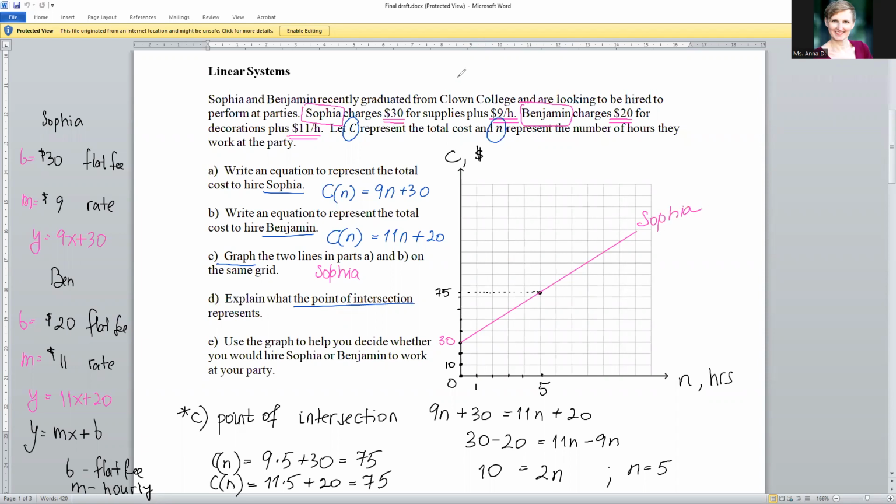And now Benjamin starts at 20 and goes through the same point right here.